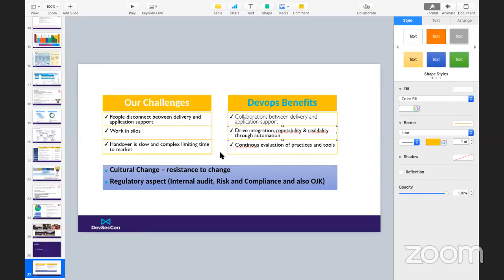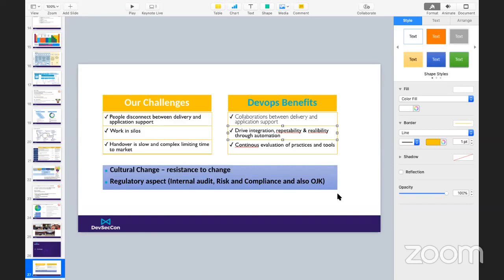Other challenges are because we are in banking, a highly regulated industry. So the other challenge is resistance to change, from the internal side and also the regulatory aspect. It comes from internal audit, risk management, compliance, and also from the regulator. For these two challenges, we still try our best to resolve them with the regulator.